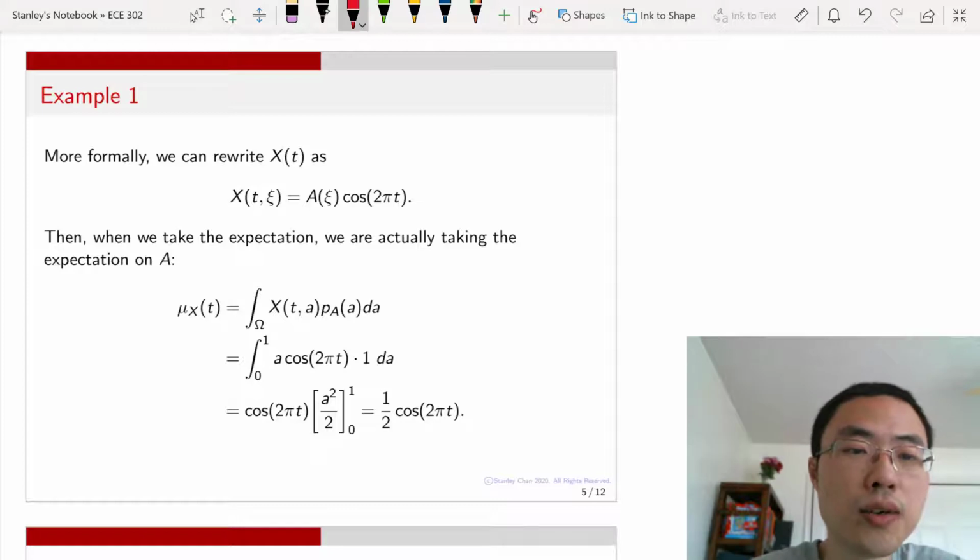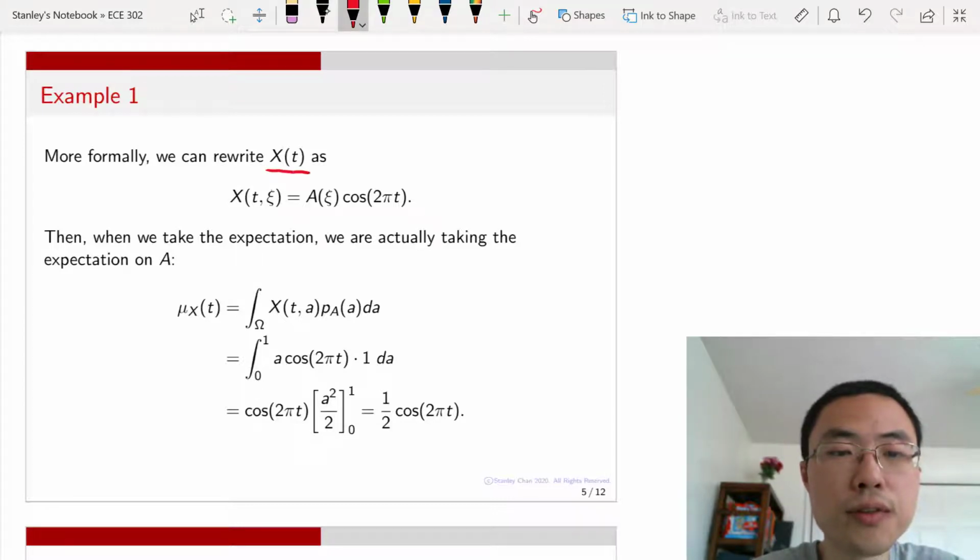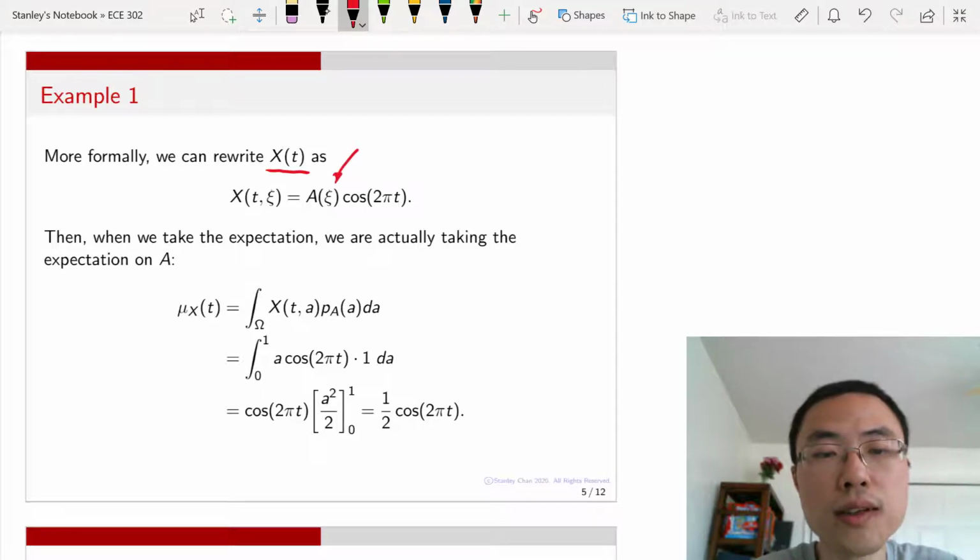And in this case, we can say that this random function x of t has a random index that goes with the amplitude a, and that's given by our problem. So the amplitude has a randomness.